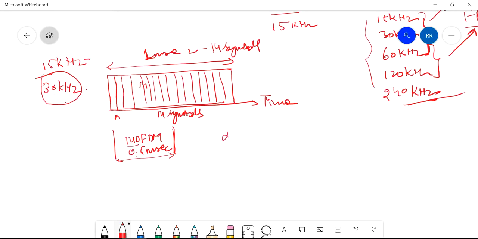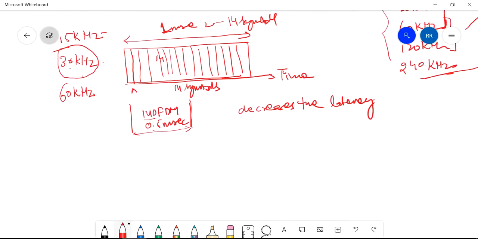It decreases the latency, right? So if we want higher throughput or low latency, then we can go for higher subcarrier spacing. Now if further we have 60 kilohertz subcarrier spacing, then what will happen?